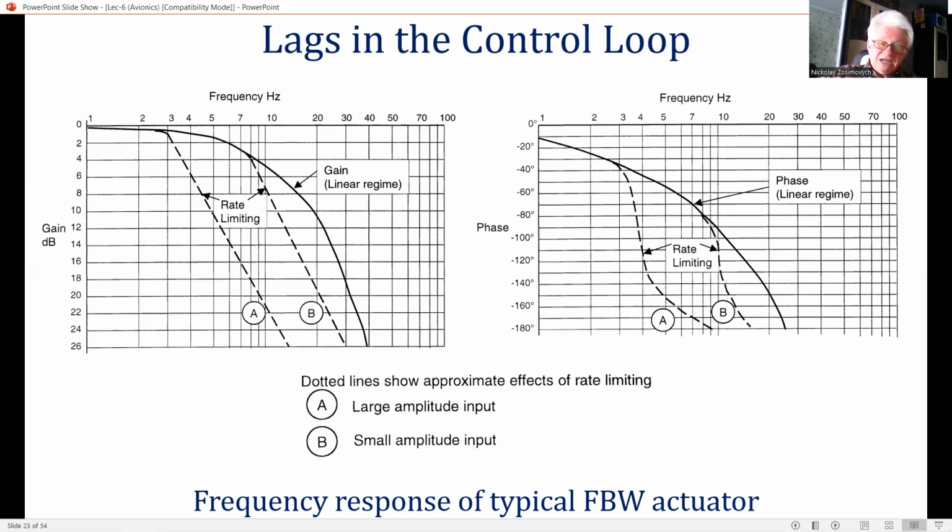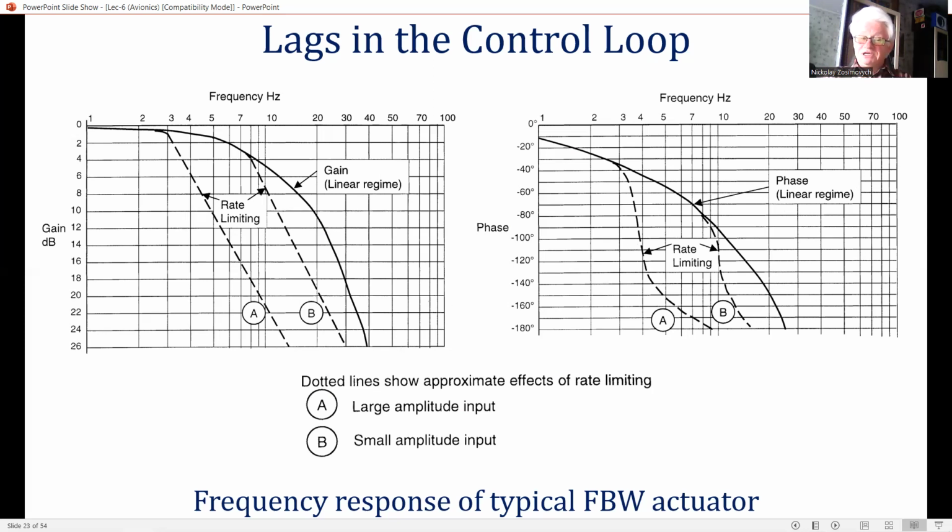At 10 Hz, the lag is in the region of 90 degrees, and the output/input ratio has fallen to nearly minus 6 decibels, approximately 0.6.